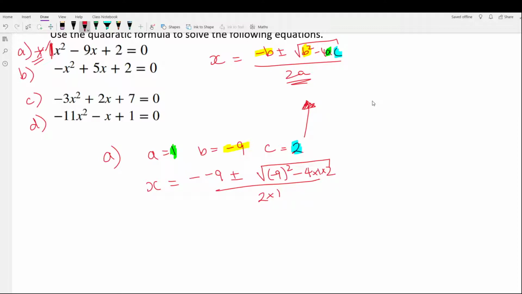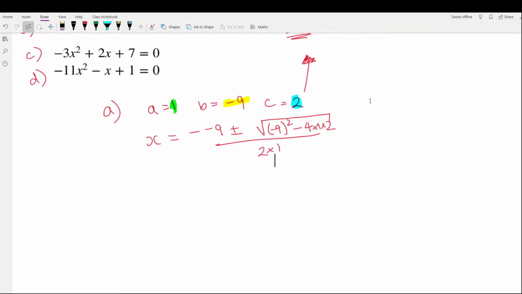All right, so let's simplify this. We get x equals minus negative 9, which becomes positive 9, plus or minus the square root of negative 9 squared, which is positive 81, minus 4 times 1 times 2, which becomes minus 8, over 2 times 1, which is just 2.